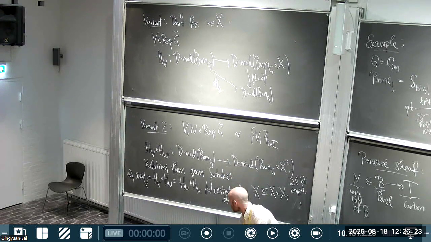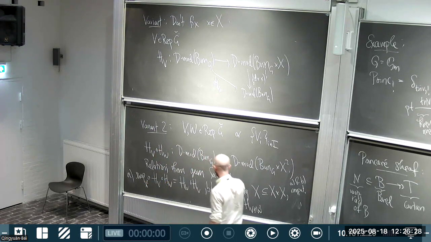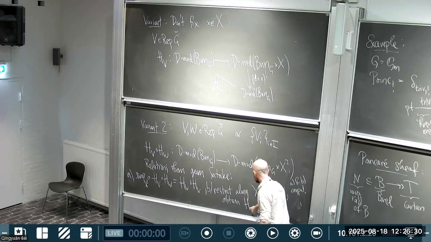What do I mean that this is compatible? I mean if you take this isomorphism and you restrict it along the diagonal, then you get the obvious isomorphism between V tensor W and W tensor V.